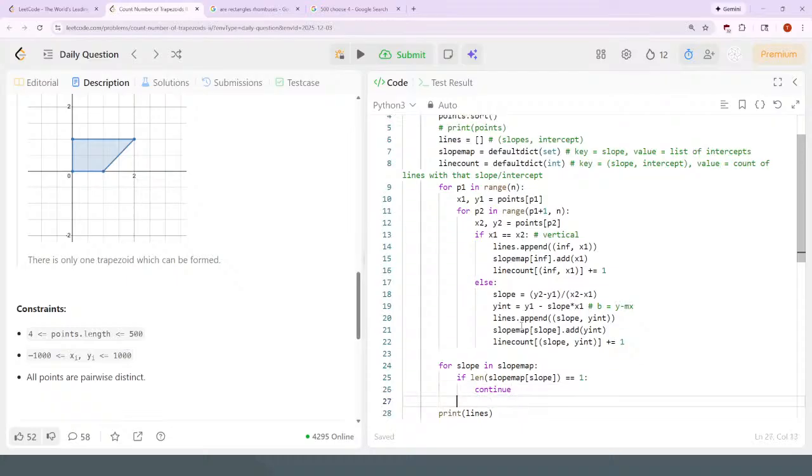Let's give it all pairs of points generate collinear sides.